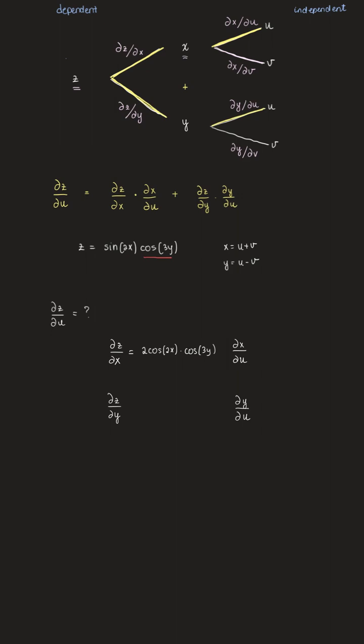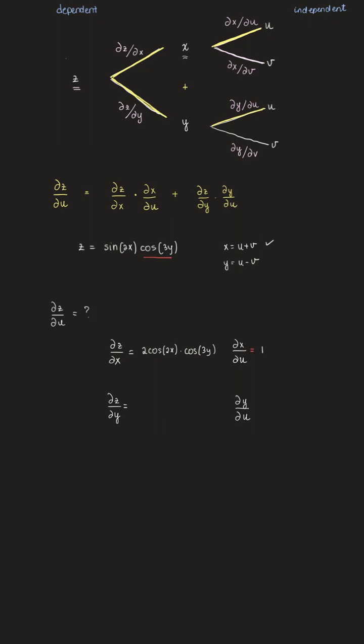dx du, we're looking over here, the derivative of x with respect to u when v is held constant, that's just going to be 1. Now, let's look at del z, del y.